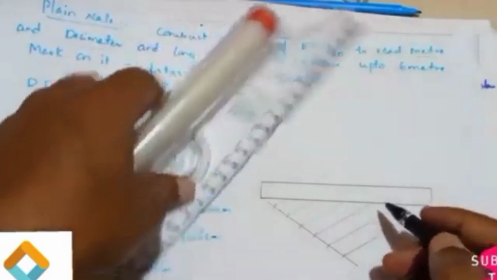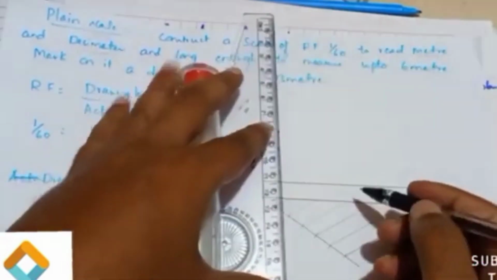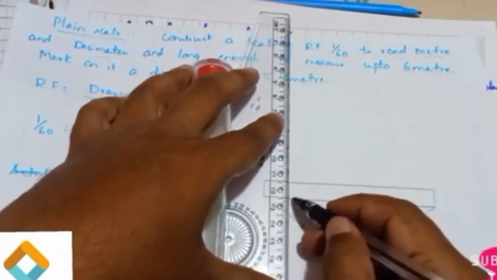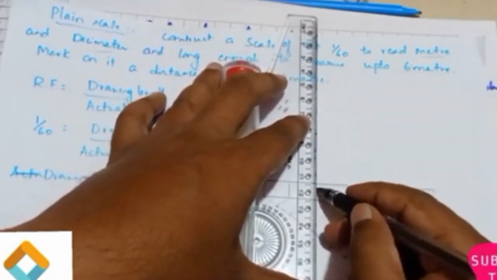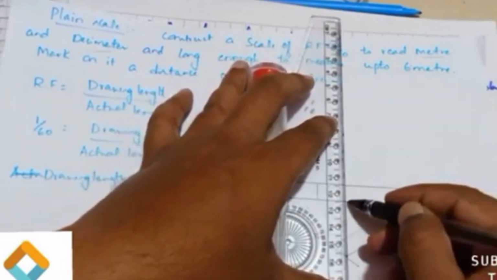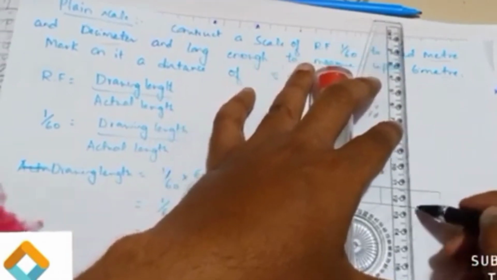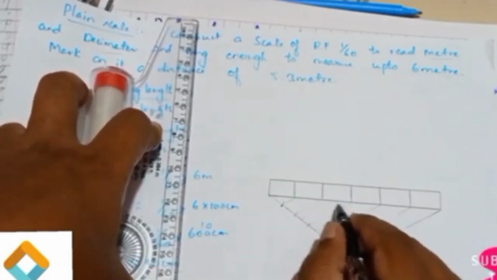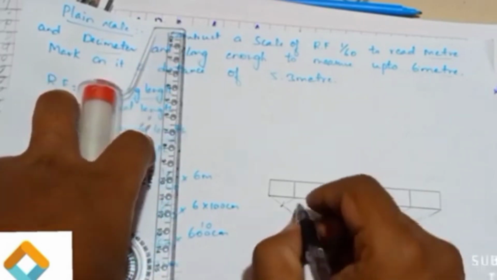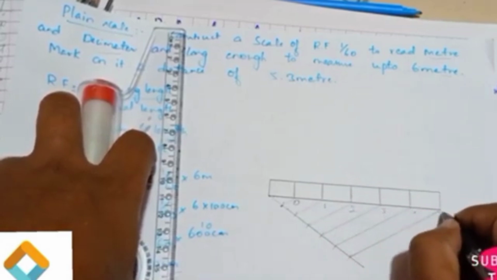Where it is exactly joined, at this point we draw the vertical line so that it will be divided into 6 equal parts. So totally it is divided into 6 equal parts, that is 6 meter. Each box here is 1 meter. So you can give here, from here, 0, 1, 2, 3, 4, 5.